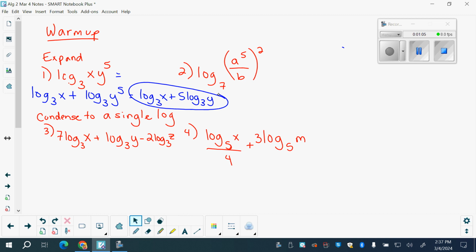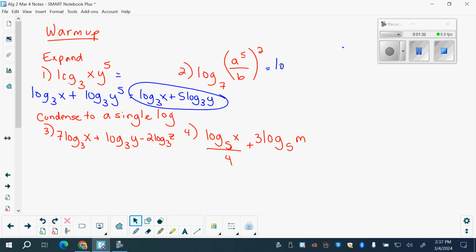So on number 2, what do you want to do first on number 2? What do you want to do first on number 2? No, not yet. Yes, we want to simplify that parentheses there. So how does that parentheses simplify?